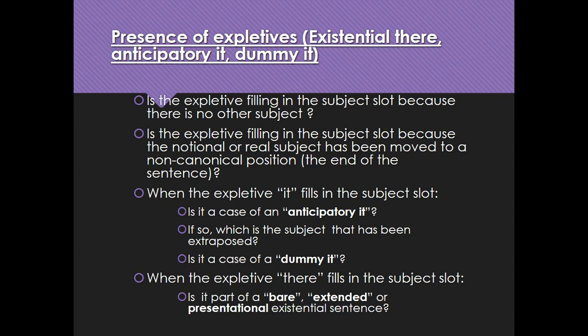Whether it be a to infinitive clause, a gerundial clause, or a WH clause, for example, which in general are the types of subjects that are postponed following the end weight principle, okay, since they are long, heavy, and complex constituents.